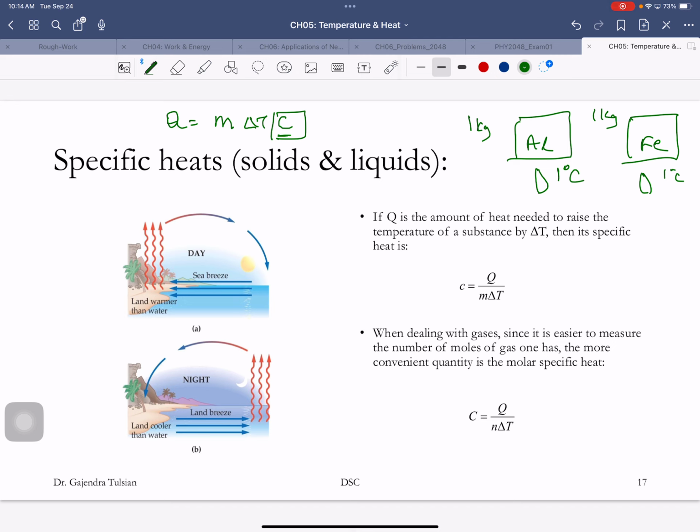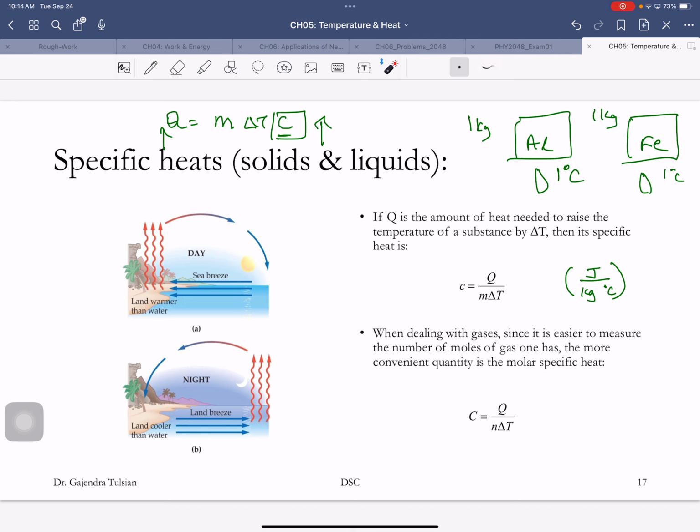That's what the specific heat tells you. Specific heat is the amount of heat needed to raise the temperature of 1 kg of object by 1 degree Celsius. So the units will be joules per kg per degree Celsius.